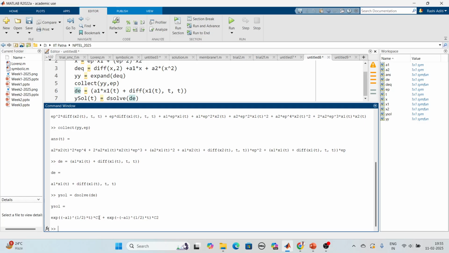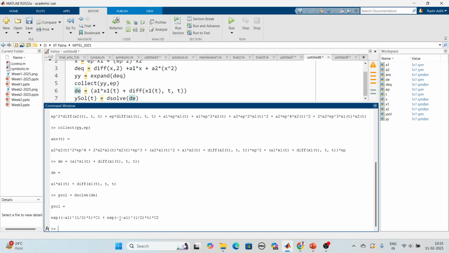I'm getting c1, which is a constant of integration, into exp of under root of minus a1 into t, plus c2 into exp of minus under root of minus a1 into t. This is what I was supposed to get if I solve it by hand, and this is what I got using the MATLAB symbolic function also.